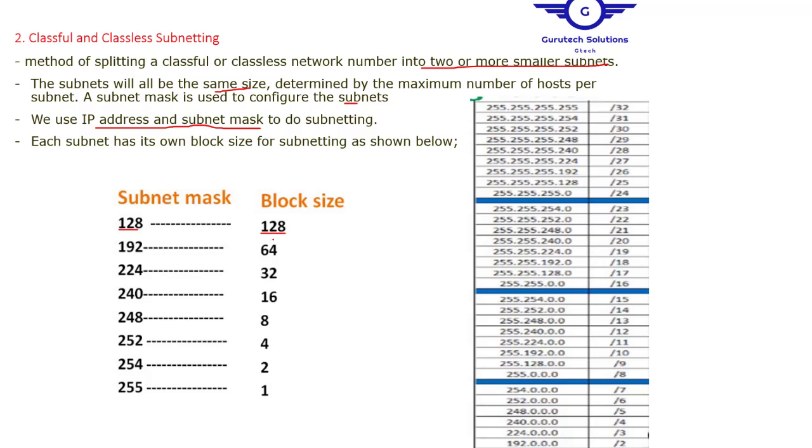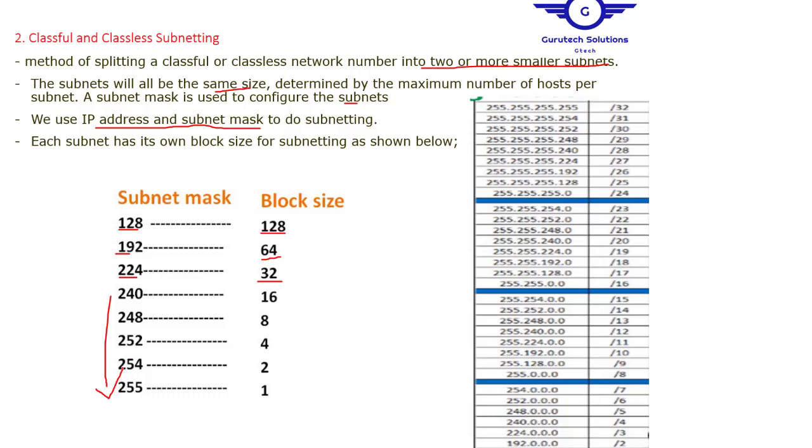It's called block size. When any subnet mask ends with 192, the block size is this one. When any subnet mask ends with 224, the block size is that one, and so on. The concept of block size is very important, and you're going to understand it better when you start calculating subnets.